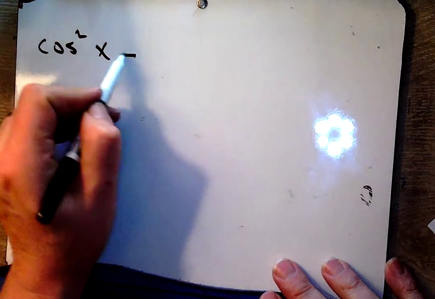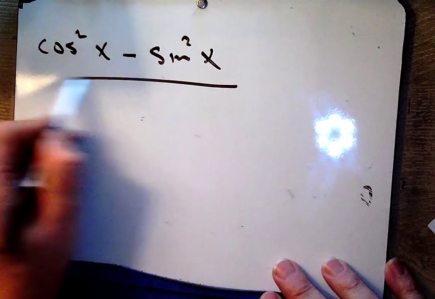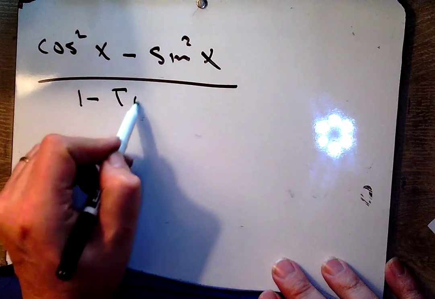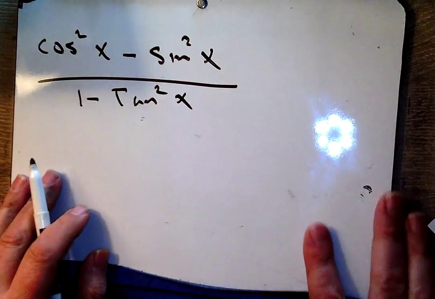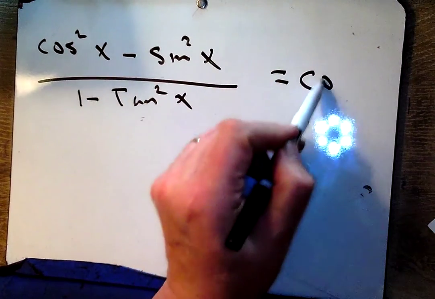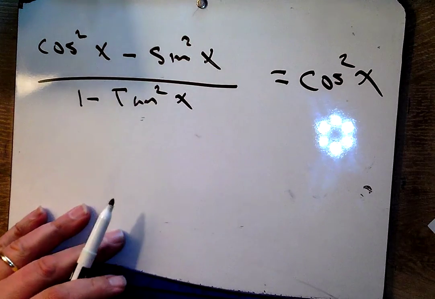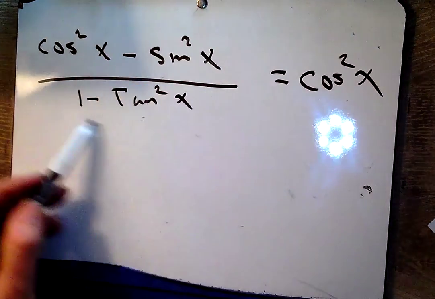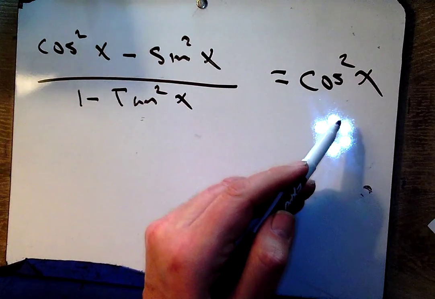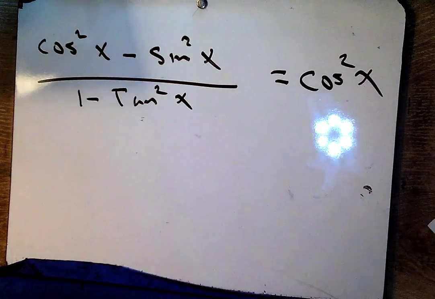What about this one? Cosine squared x minus sine squared x over 1 minus tangent squared x. And that's supposed to equal cosine squared x. Isn't that interesting? Yes, you could split this into two fractions, but since I only see one over here, I'm reluctant to do that.